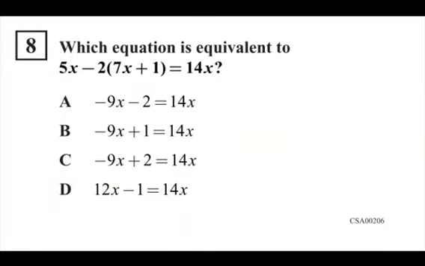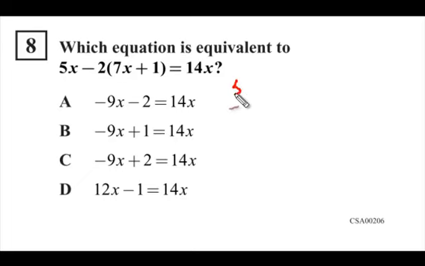Number 8. Which equation is equivalent to 5x minus 2 times 7x plus 1 equals 14x? First, simplify this equation. The first thing that's obvious to do is to distribute negative 2 to 7x plus 1. So we do that by applying the distributive property.